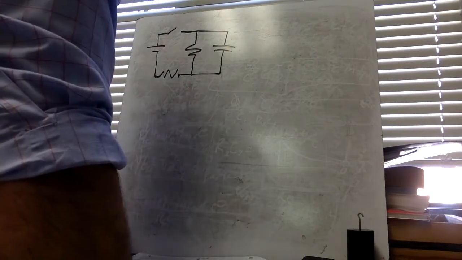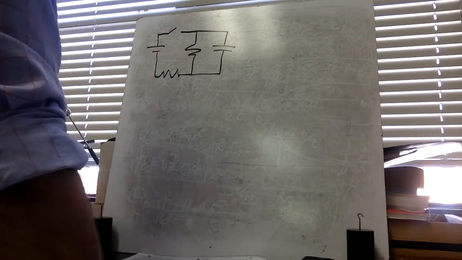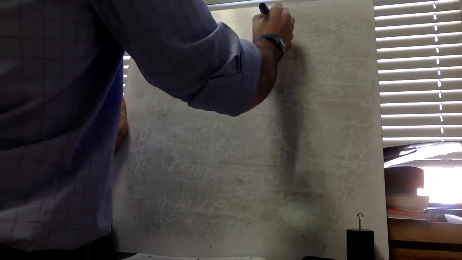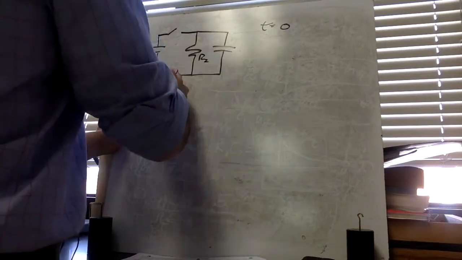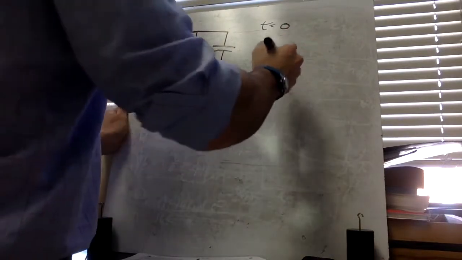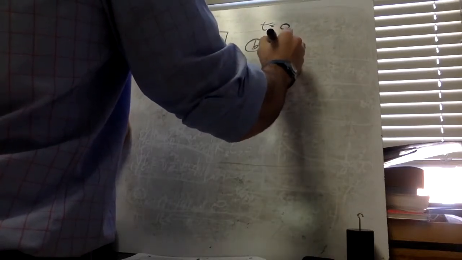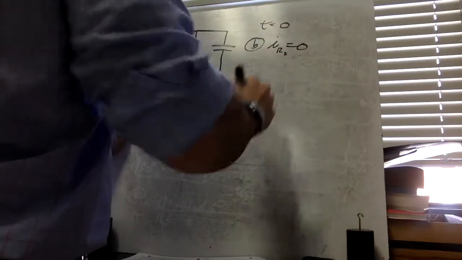So what is the question asking about? It says, what is the current at time 0 in R1 and R2? At t equals 0, the current going through R2 is 0. That's the answer to question B, I think: the current through R2 is 0.